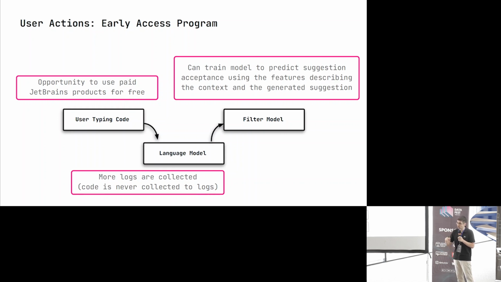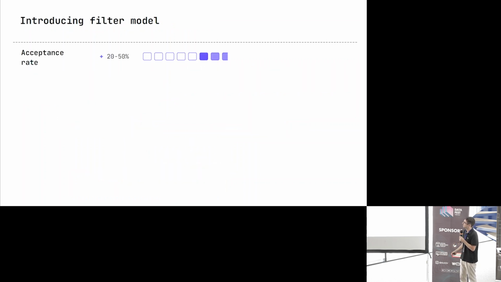And then we deploy this model and use it to filter out the suggestions that are unlikely to be accepted. After doing so, we of course conducted an A/B experiment, and here are the results.